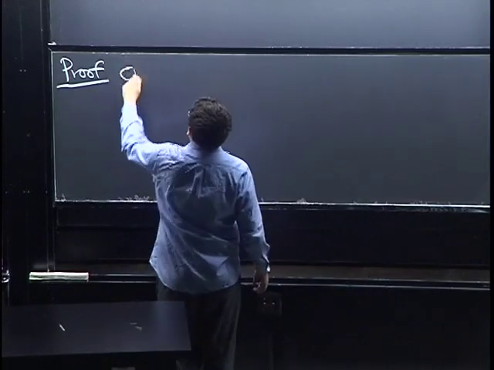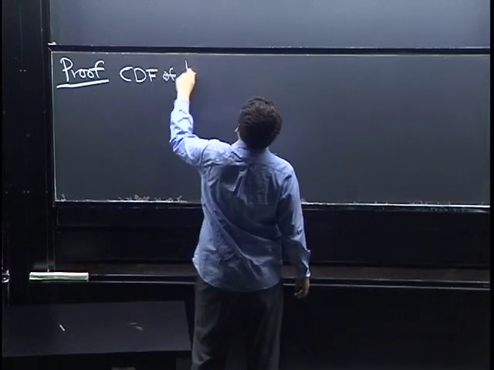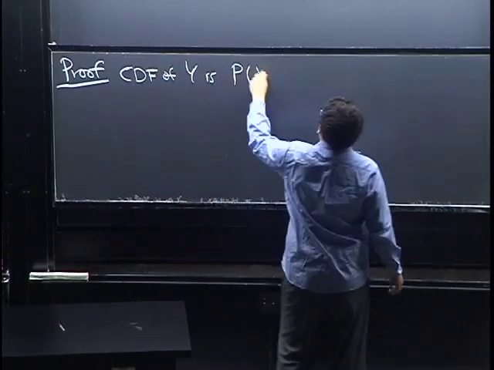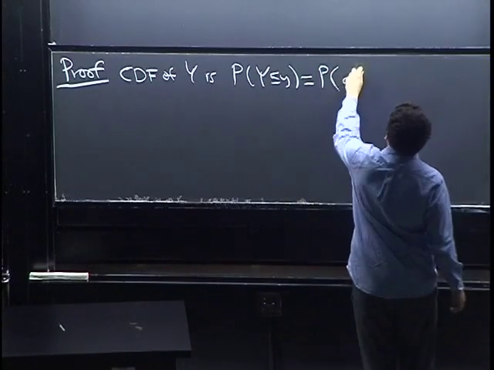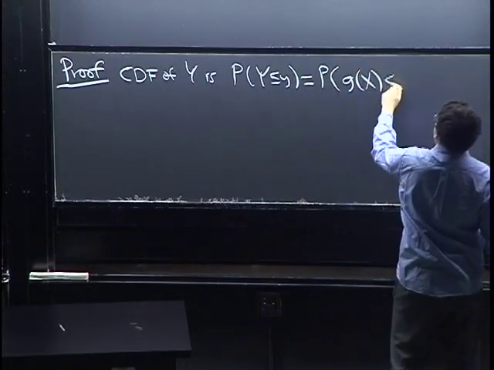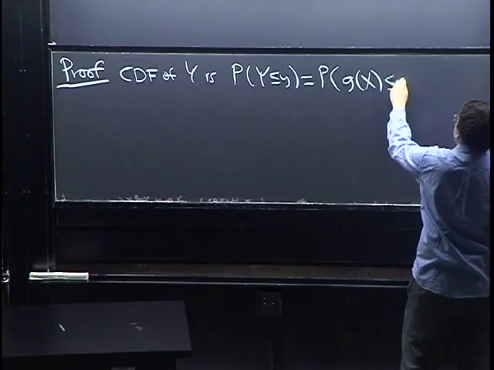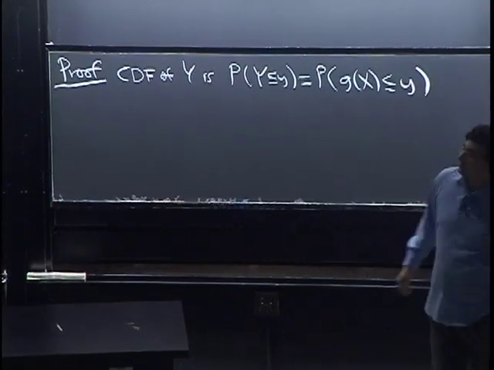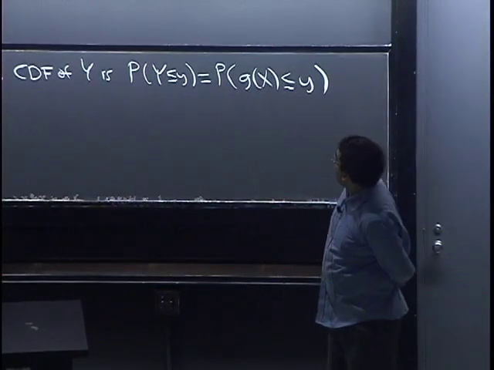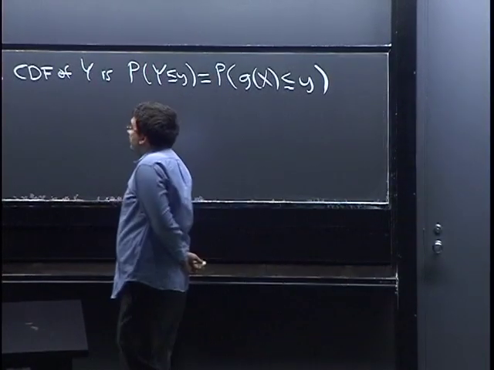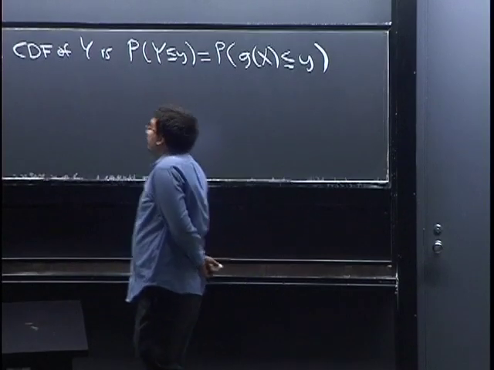The CDF of y, probability y less than or equal to little y equals, I'm just going to plug in the definition, g of x less than or equal to little y, right? The derivative of the CDF is the PDF, right?